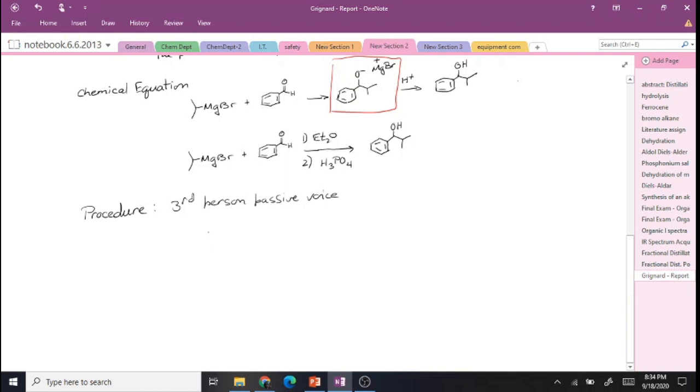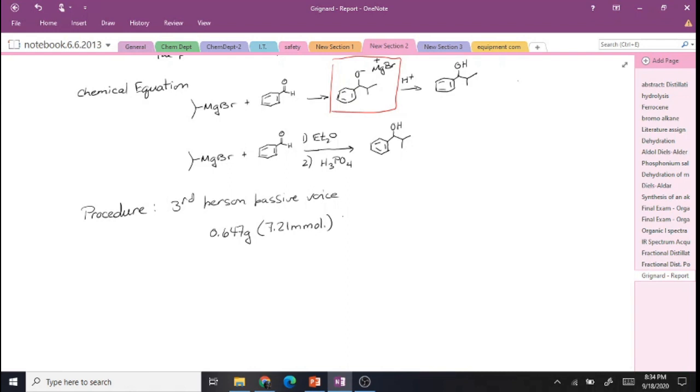So if you weighed it, you would have something like 0.647 grams, but then afterwards you would have in parentheses the number of moles or millimoles that you had. And then of course the reagent.